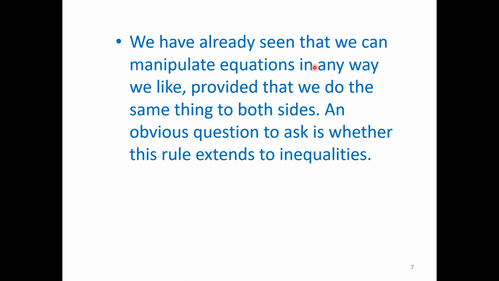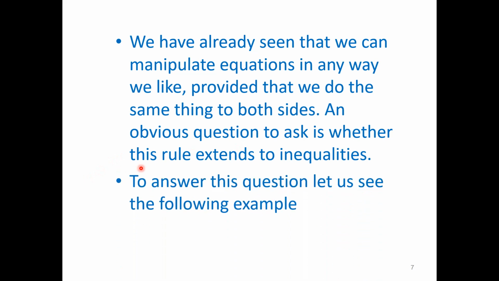We have already seen that we can manipulate equations in any way we like, provided that we do the same thing to both sides of the equation. An obvious question to ask is whether this rule extends to inequalities. To answer this question, let us see the following example.